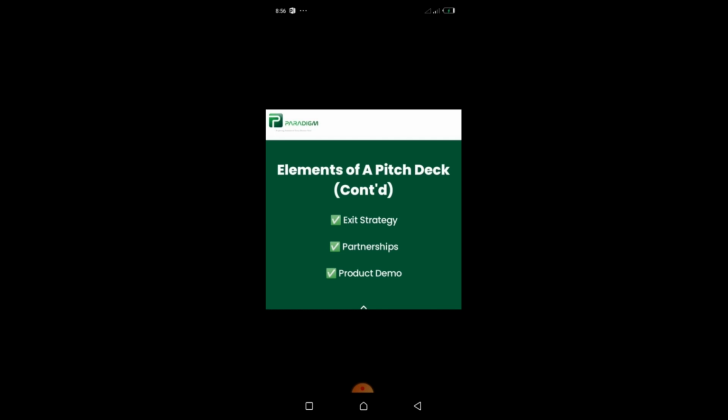You let them know that it is going to work. In fact, you have already tested it. So these are the basic elements of your pitch deck. As I said, perhaps in another level, in another class, I would explain to you in detail how to actually craft a pitch deck. But these are the basic elements that you need.